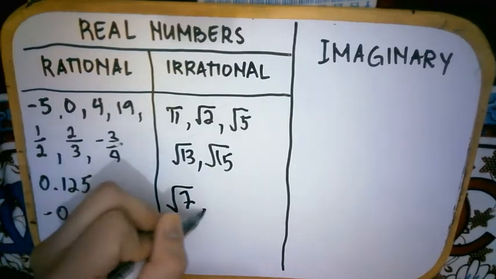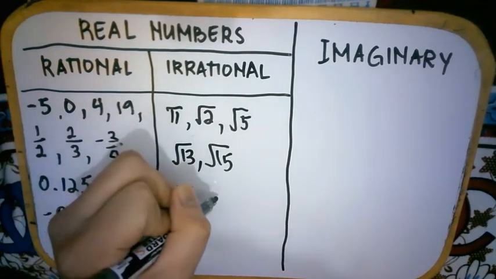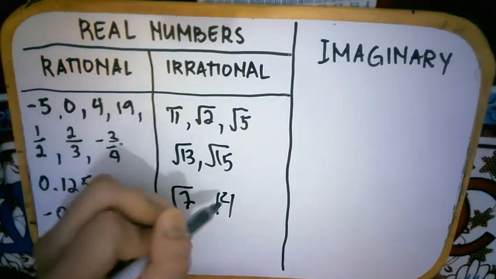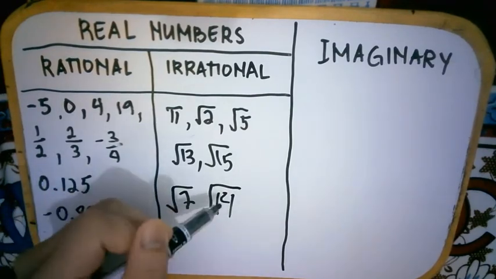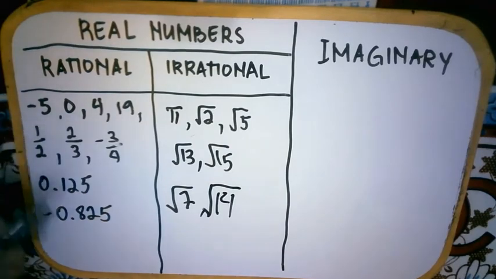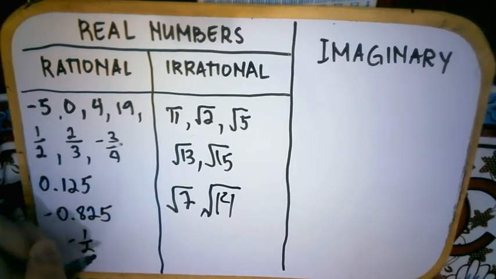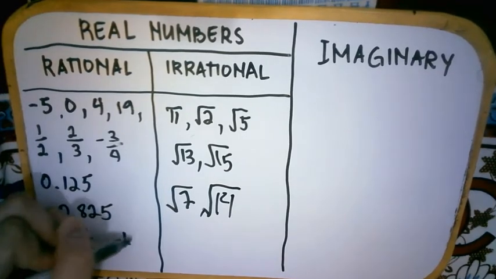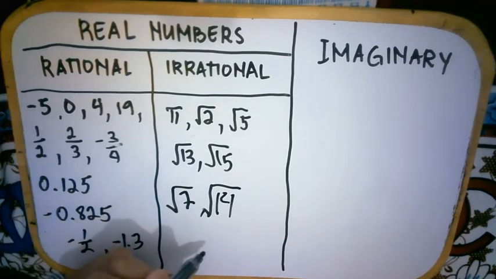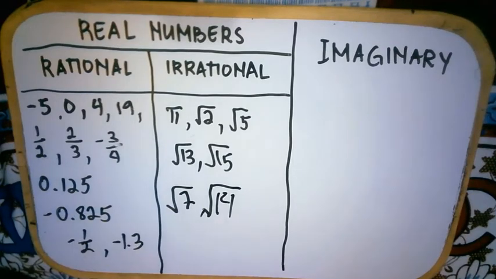Okay, let's have another one. Let's have 14. 14 is not a perfect square. So, kapag nilagyan natin yan ng square root of, irrational na yan. So, yun yung nagsaseparate from rational. So, any numbers na maisip nyo, like for example, negative 1/2, negative 1.3, rational yan. But kapag naglagay tayo dito ng number na hindi perfect square at nilagyan mo ng square root, so that is irrational.